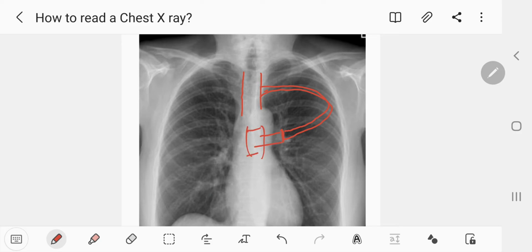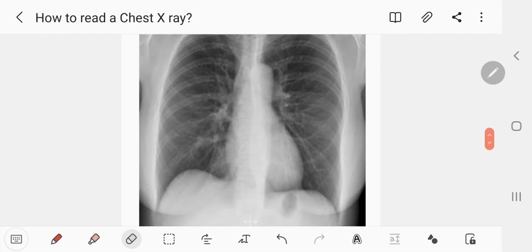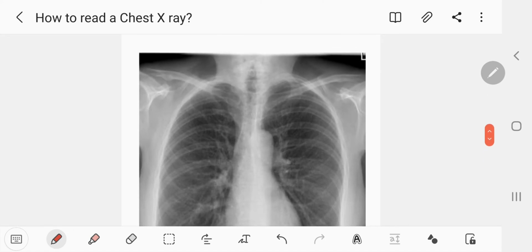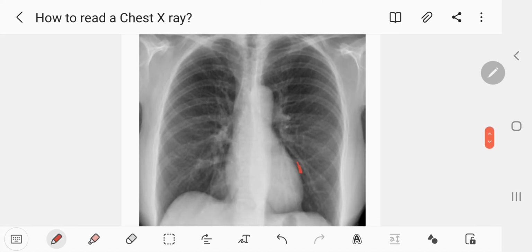So here the sternum will be located, and these ribs are fused to the sternum using the costal cartilage. That is the reason why the anterior ribs are not complete and the posterior ribs are complete. Anterior ribs end here because of the costal cartilage, and costal cartilage is a soft tissue. Soft tissue can't be as dense as bone, and hence it's not very well visible over here.